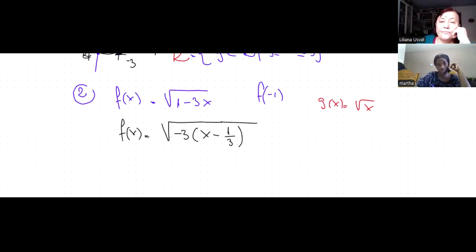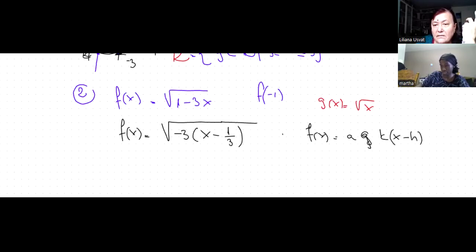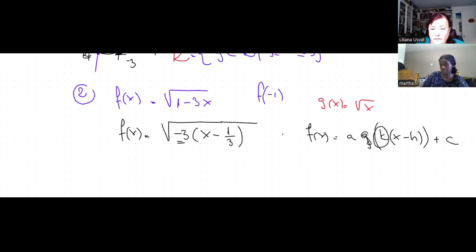Now, for the function in mapping notation, you have to have f of x equals a g of k(x minus h) plus c. So we have k is minus 3, h is minus 1 over 3 (it should be 1 over 3 here).